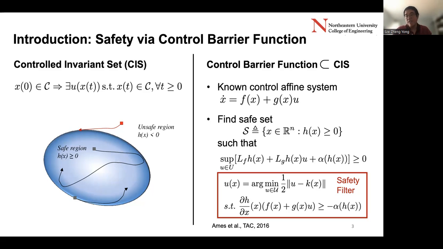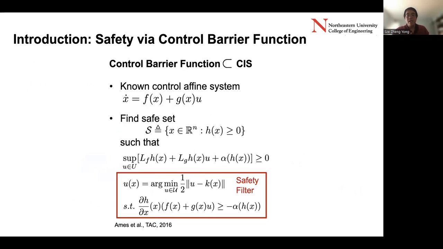We just solve this, and this would generally be a QP that can be solved. This would be a safety filter that would just use the inputs from the nominal controller if it's safe. But if it's not safe, you can think of it as finding the closest solution to the nominal controller that keeps the system safe. That is partially the reason why it is called a safety filter.